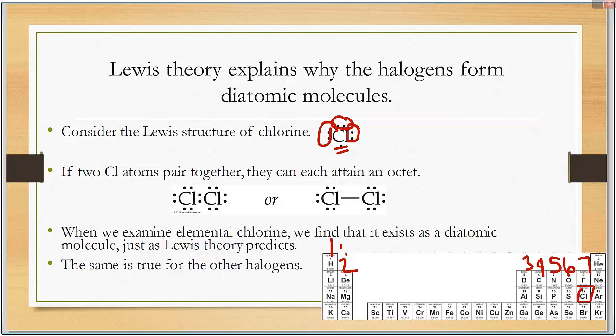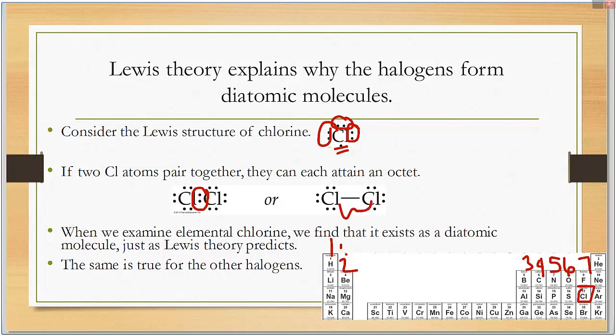If 2 chlorine atoms pair together, they can both attain the octet. So if we have 2 chlorines right next to each other, both with 7 electrons, you have 2 electrons between them to form 1 bond. So those are the bonding electrons.